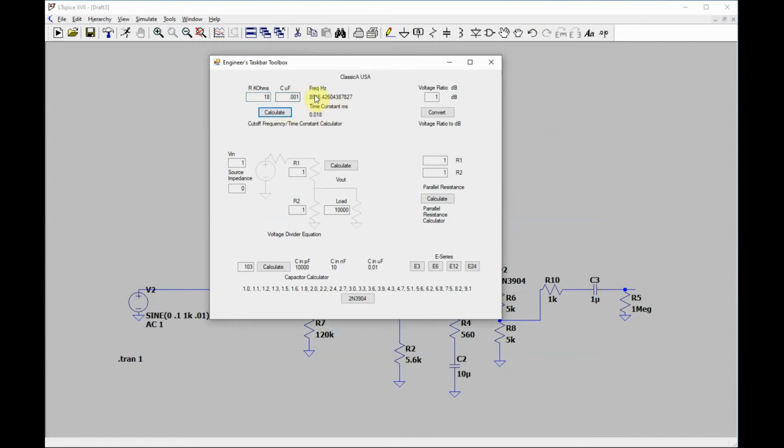Okay, I'm calculating a cutoff frequency. 47. Okay, this is a cutoff frequency of, so that's 180. That's not right. Let's see.